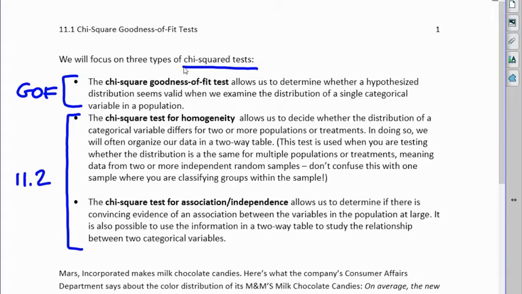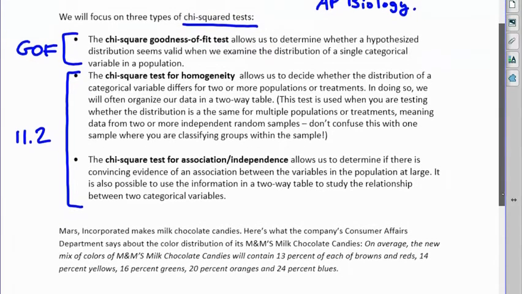It's just the wording of their hypotheses and their conclusions that are different. The goodness of fit test we're doing today, you might have seen if you're taking AP Bio. This is a very important test for AP Bio, and so we'll be doing it on steroids, as we like to do in AP Stats.